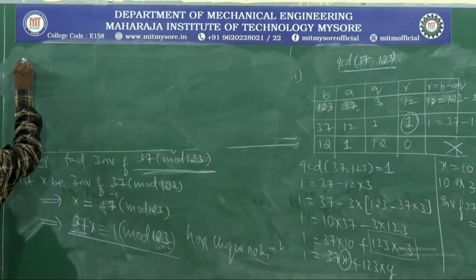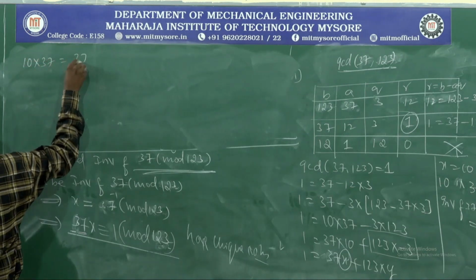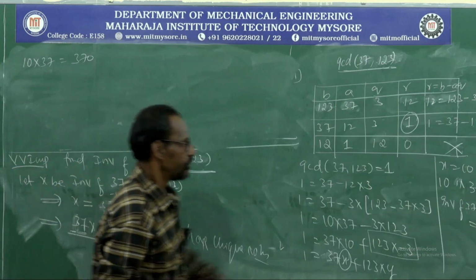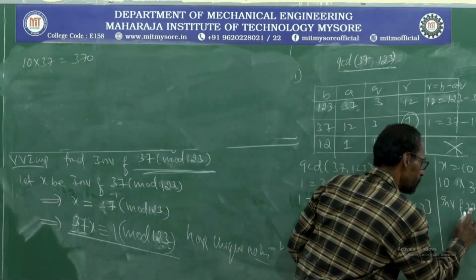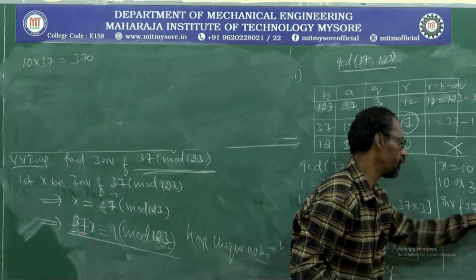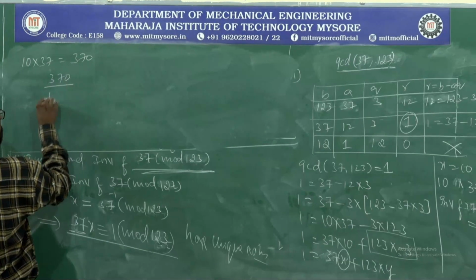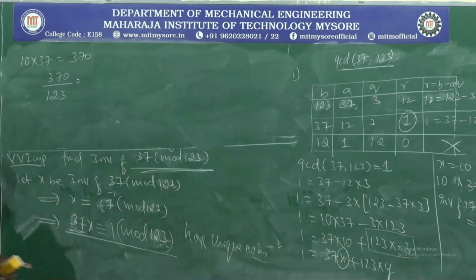Let's see. Consider 10 into 37, that is 370. 37 multiplied by 10 is 370. Now divide by 123. So we have 370 divided by 123. Use a calculator, you can easily evaluate. I'll show you.